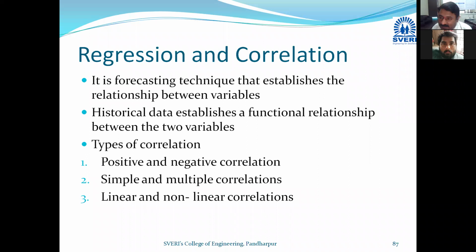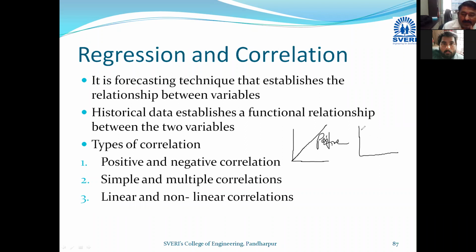Types of correlation: positive and negative correlation, simple and multiple correlation, linear and non-linear correlation. Here we can have some more insight. Let us say positive and negative correlation. For example, if one of the factors increases and the other is also increasing, I can call it positive correlation.